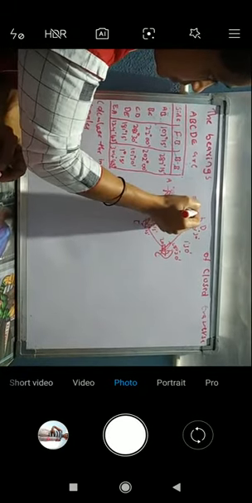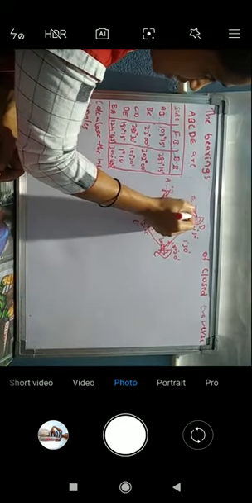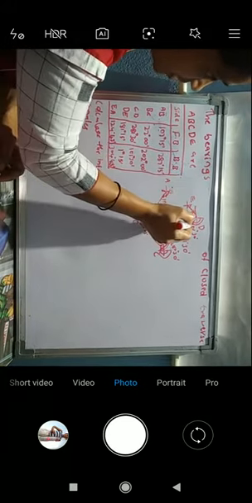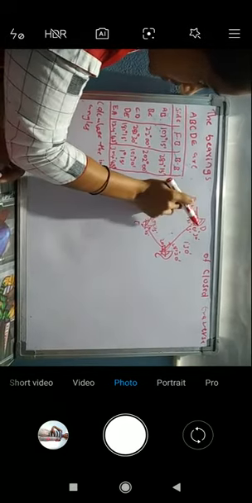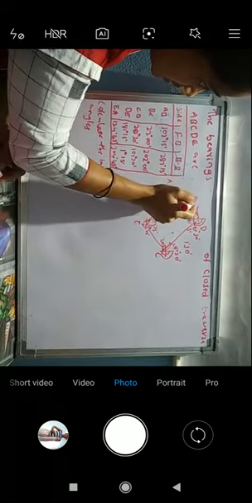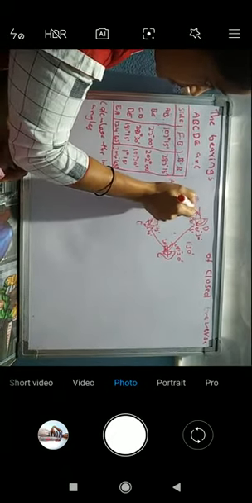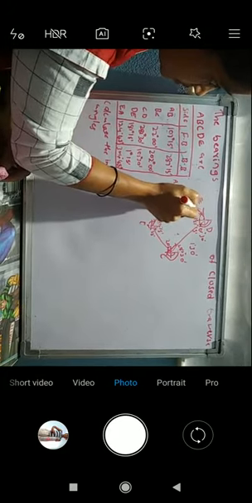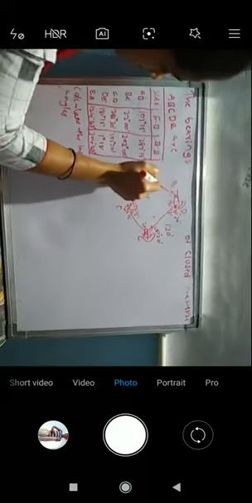This is station E, this is 181 degrees 15 minutes. Okay, and then EA 124, it starts from the second quadrant and ends at the fourth quadrant.